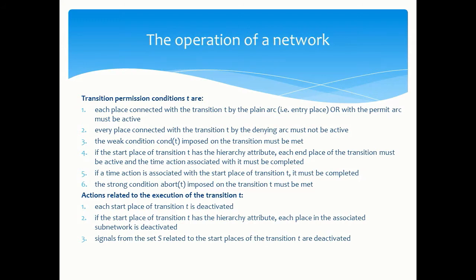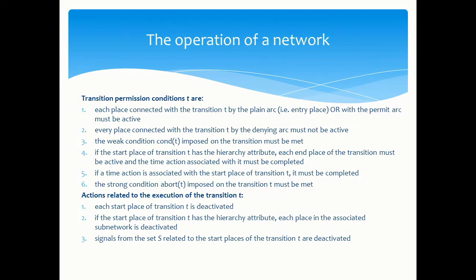If the start place of transition T has the hierarchy attribute, each end place of the transition must be active and the time action associated with it must be completed. 5. If a time action is associated with the start place of transition T, it must be completed. 6. The strong condition abort imposed on the transition T must be met.